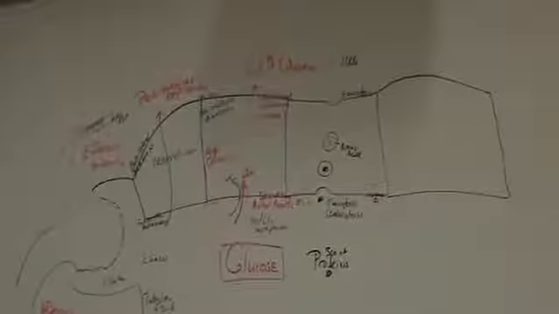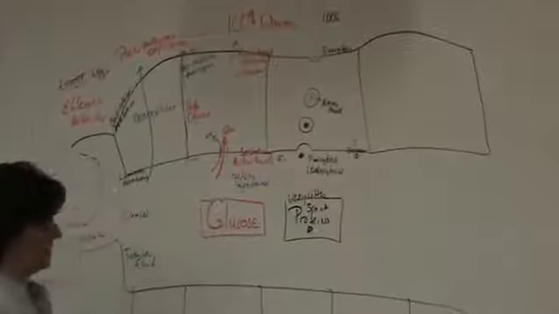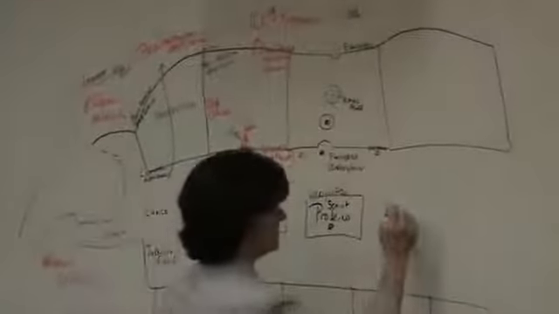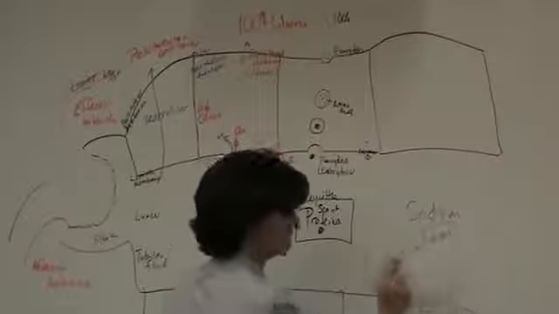All right. Doing okay? So we move now to our next substance, which is going to be sodium. Now, sodium, remember, very little here. Sodium, Na+, is an ion, tiny little guy.